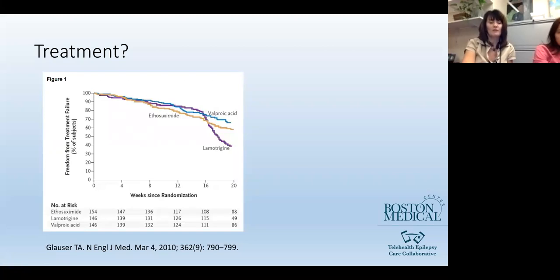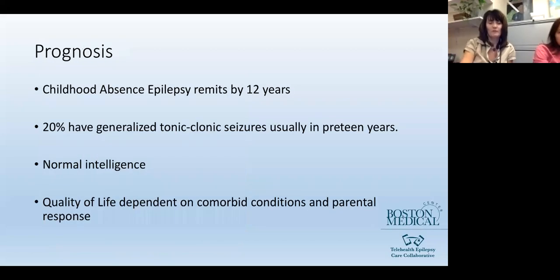However, side effects are lowest for ethosuximide and lamotrigine, particularly in terms of exacerbating symptoms of attention deficit disorder. And for that reason, we've gone back to the old standard therapy of ethosuximide now being the choice for childhood absence epilepsy. What's the prognosis?